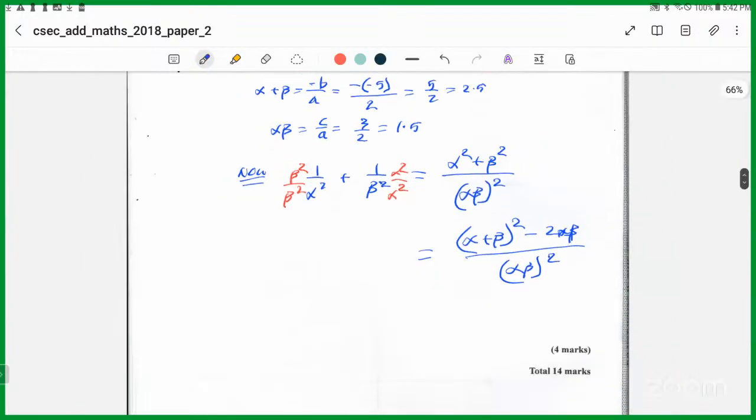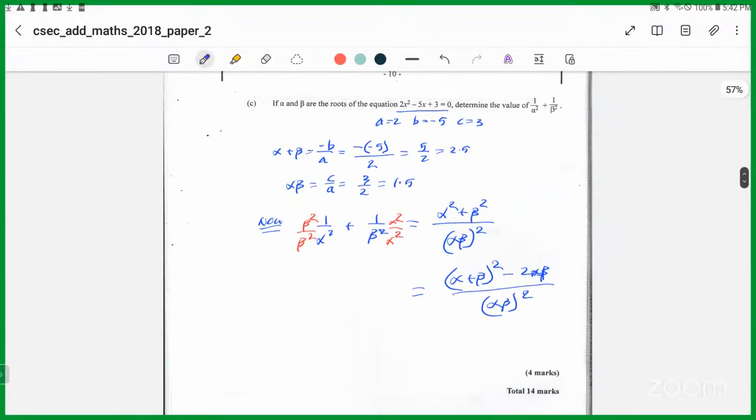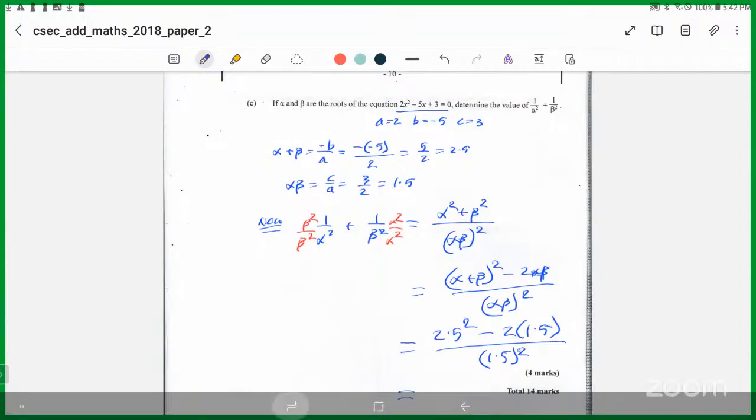And you put in those values up here. So put in these values that we have. The alpha plus beta is 2.5, so this becomes 2.5 squared, minus 2 times alpha beta. Alpha beta is 1.5, so 2 times 1.5, divided by alpha beta again, which is 1.5, that's 1.5 squared. And you work that out with a calculator.